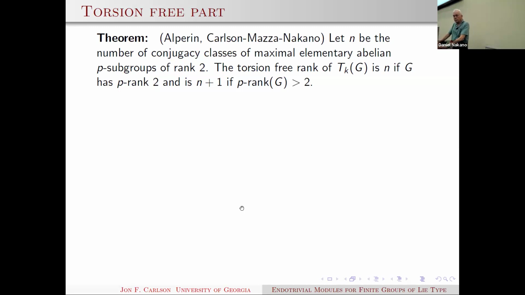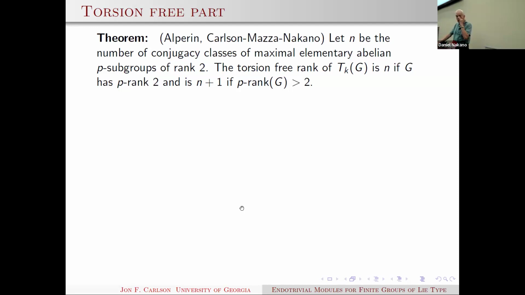He said, what you do is you take the number of conjugacy classes of maximal elementary abelian groups of rank 2, meaning an elementary abelian group of rank 2 is a Z/p cross a Z/p. Rank 2 means I've got 2 copies. And the torsion-free rank is this number.